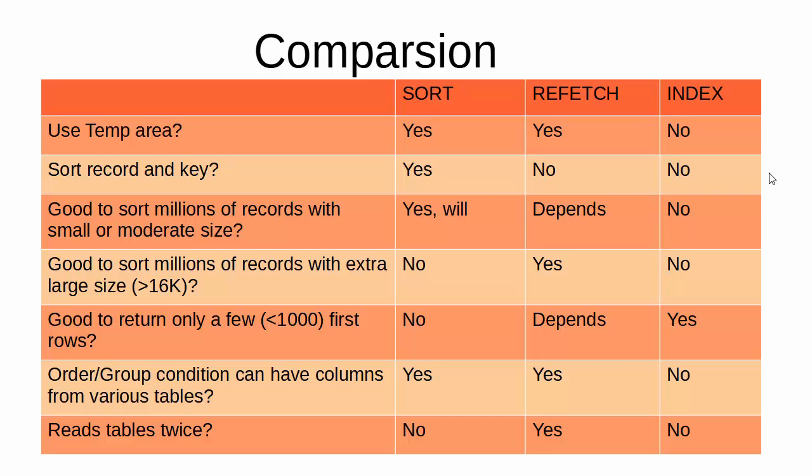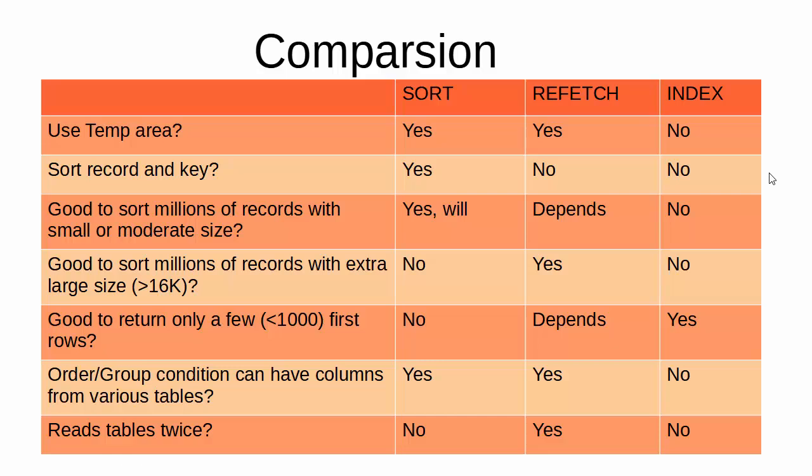If we need to sort millions of records with extra large size, refetch will be really better, because if the records to be sorted are like 16 kilobytes or even more, the size of the sort file in the traditional sort way will be like 16 gigabytes, 32 gigabytes or even more, and refetch on the majority of hardware configurations will be fast.